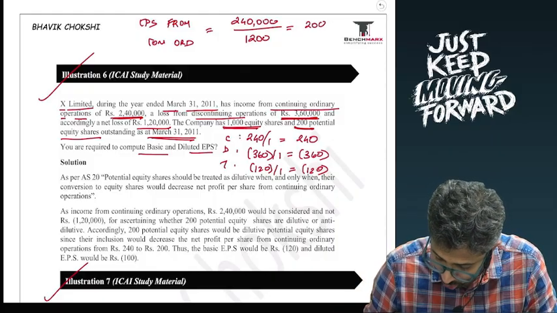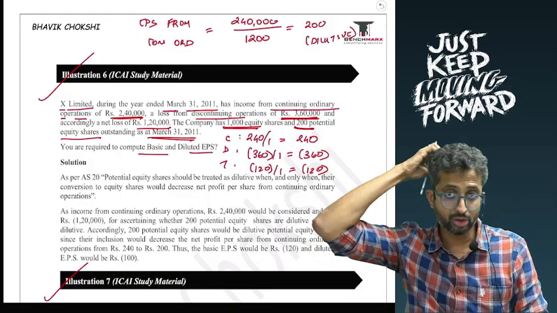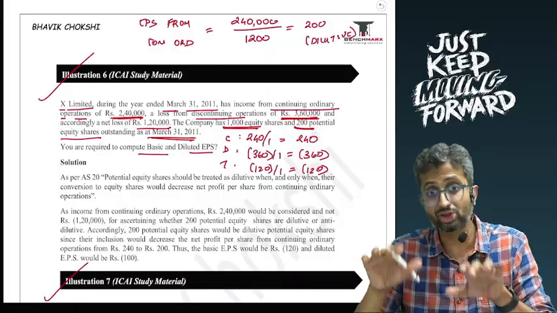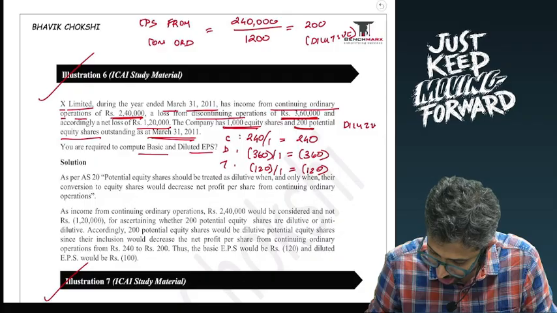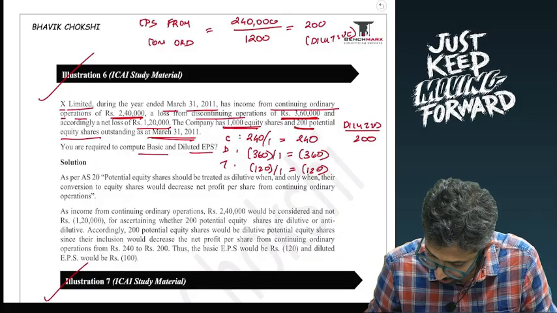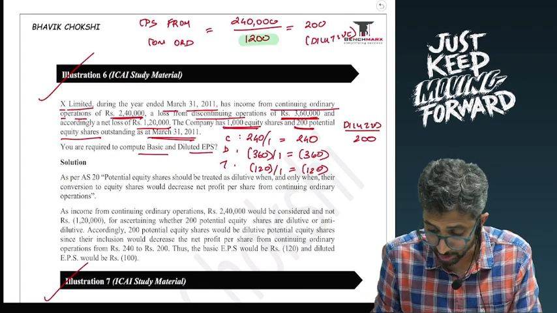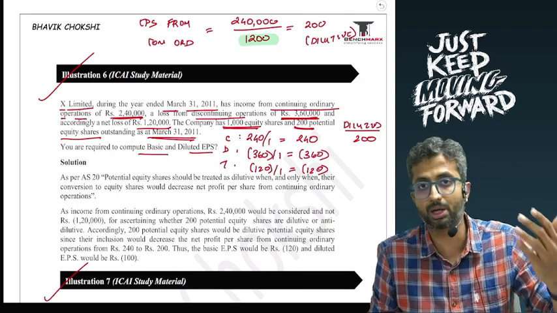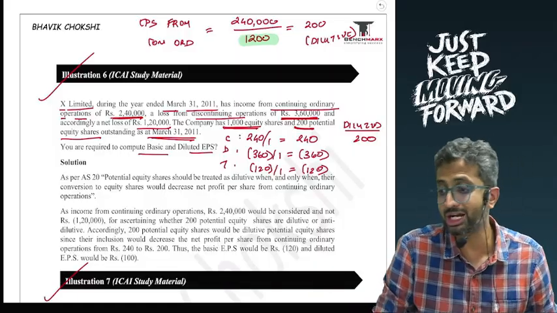So on inclusion of these 200 shares, your EPS from continuing operation actually falls, and hence your diluted EPS will be 200 rupees. However, if I were to include this 200 at other places, maybe the loss per share might fall. But because the control number is falling, I will have to include it everywhere.